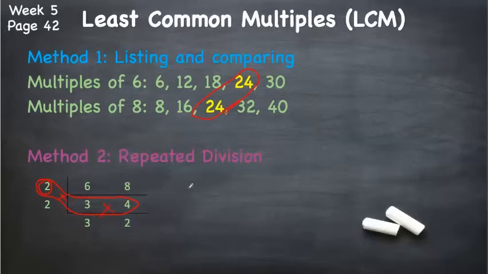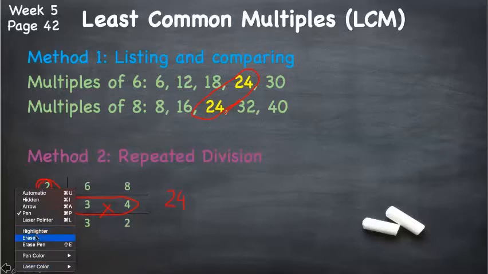How much is 2 times 3 times 4? Who can tell me? 2 times 3 times 4 is 24. Okay, so let's write it down.